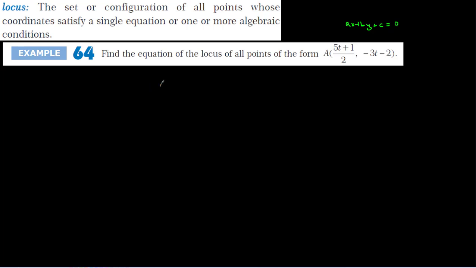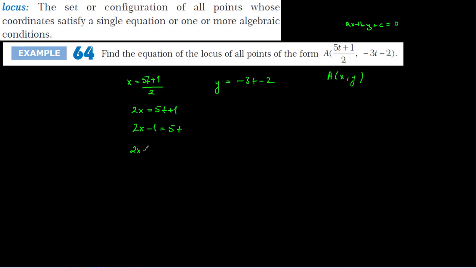Here let's say that x is equal to 5t plus 1 over 2, and y is equal to minus 3t minus 2. Then here we are going to make t the subject, which means that 2x is equal to 5t plus 1, and 2x minus 1 is equal to 5t.